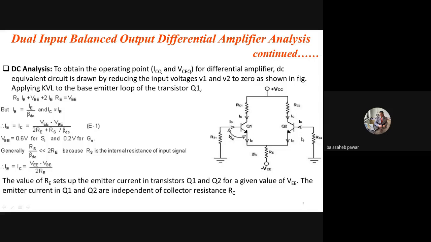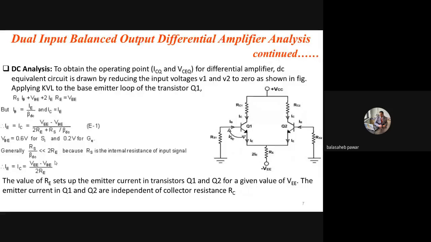You have to remember this formula, IE equals IC equals that, because a question may be asked: for the shown differential amplifier, determine the quiescent values of the transistor. Quiescent values means you have to find the DC values, that means you have to perform the DC analysis.